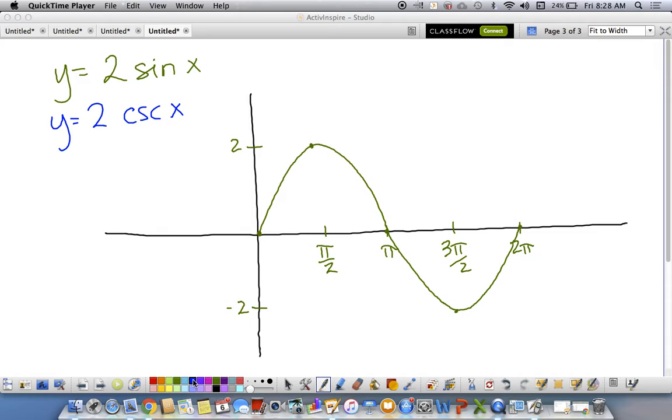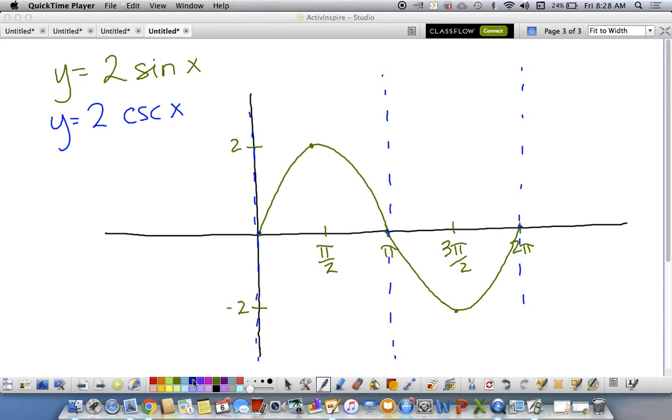Can we graph its reciprocal function? I'm looking at where are the zeros? Where are the zeros in sine x? Here, here, and here. So when I do my reciprocal graph, what happens at those zeros? They become asymptotes. So I'm drawing my dotted line through all of those zeros.